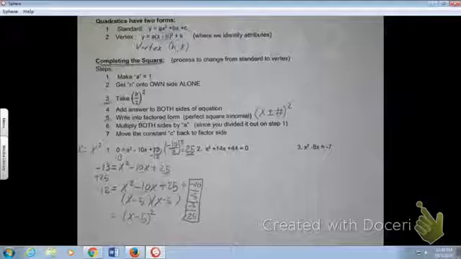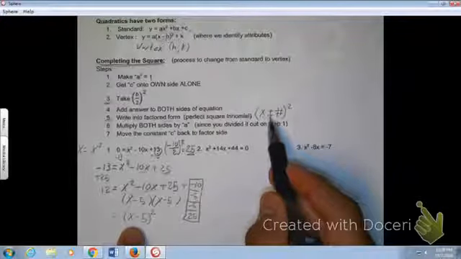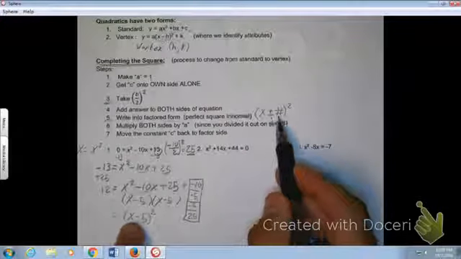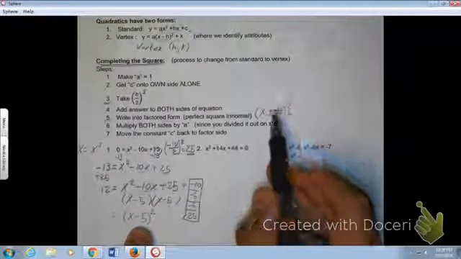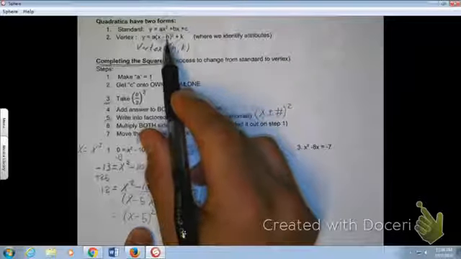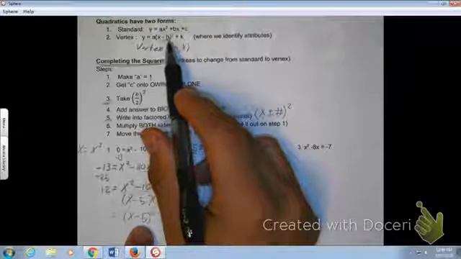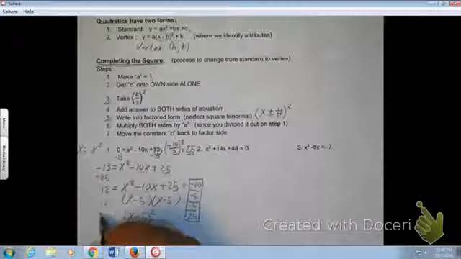Now we have something that looks like x plus or minus a number, in this case minus, squared. Now we are starting to make it look like this: x minus h squared. We still have the 12 here.